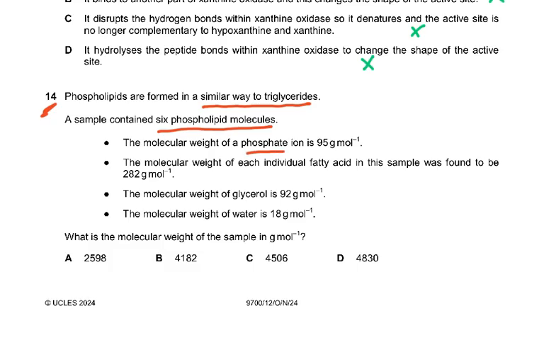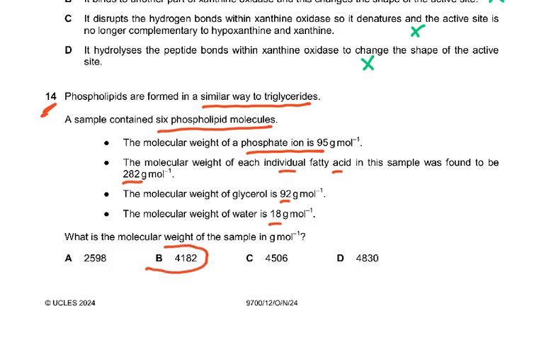The molecular weight of phosphate ion is 95. The molecular weight of each individual fatty acid is 282. The molecular weight of glycerol is 92. The molecular weight of water is 18. Now please pause the video here and figure out what is the answer.